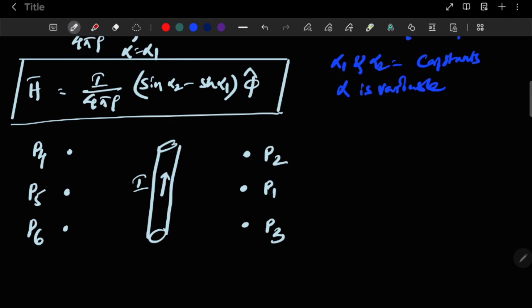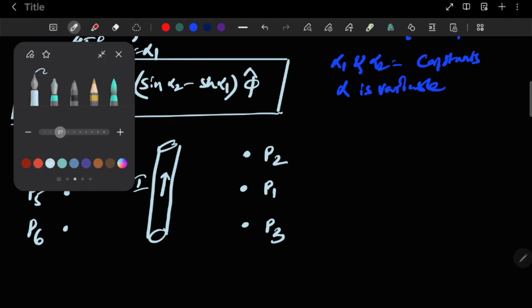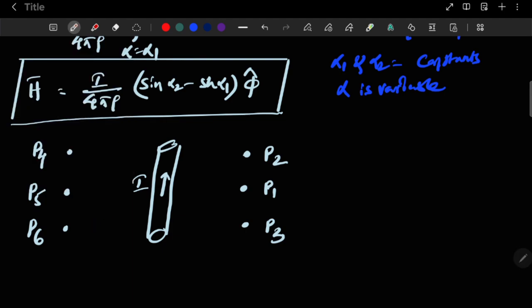At all these points, that means around the conductor, if you want to measure the h bar, how is it there? Generally, phi cap means in the direction of the unit vector phi cap, this h bar is rotating. That means revolving around the conductor.